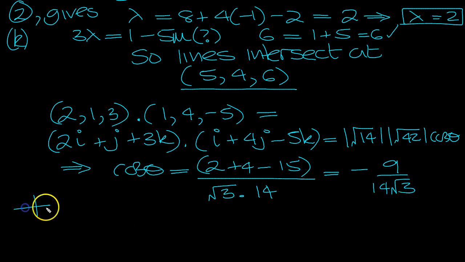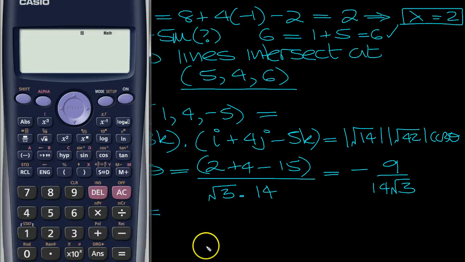Now the cosine, CAST, cosine is negative here. So we got theta. Let's do shift cos on this then. I'm going to drop the minus and I'll explain why in a minute.